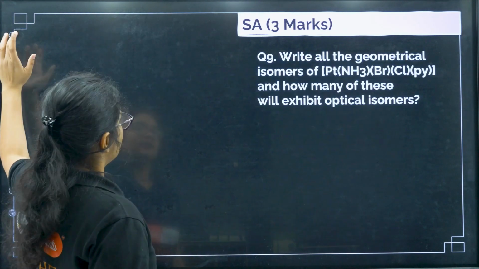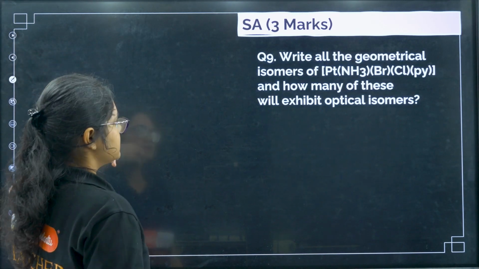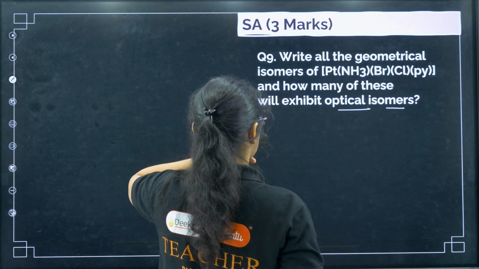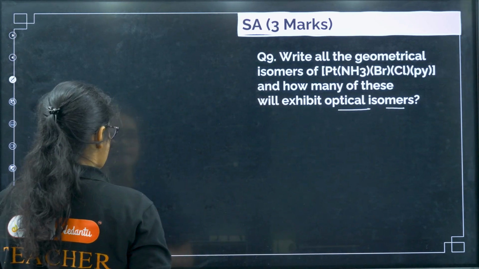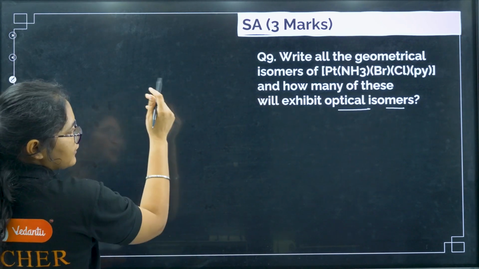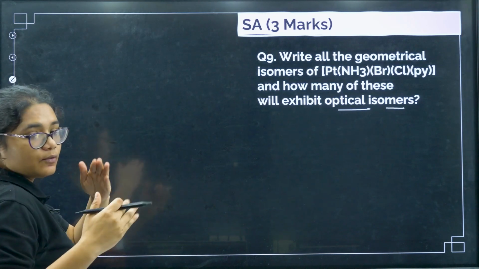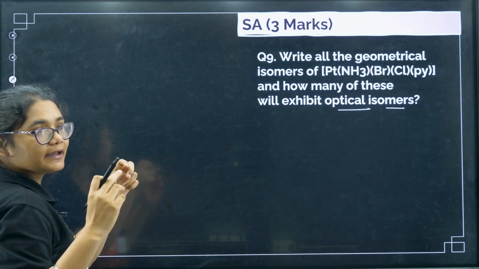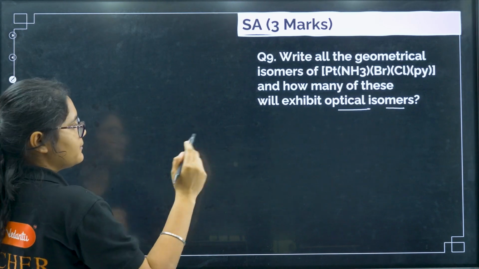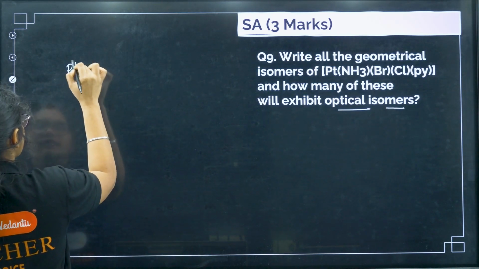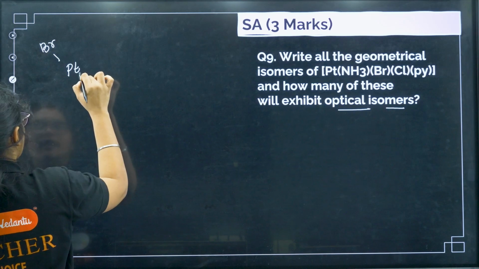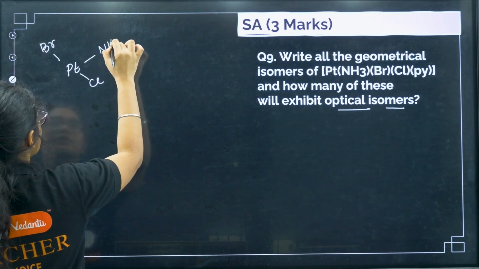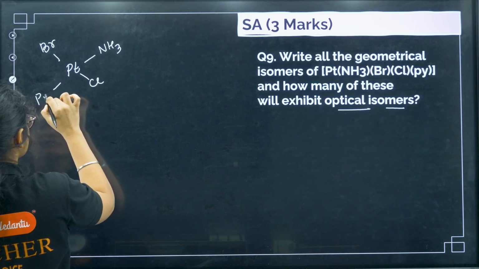Next, geometrical isomers of this one, and how many of them will exhibit optical isomerism. If you see here, I can consider that bromine and chlorine are one type of ligand, since both of them are halogens. So first I'll fix bromine here and I'll put chlorine here, and I have NH3 and pyridine here.